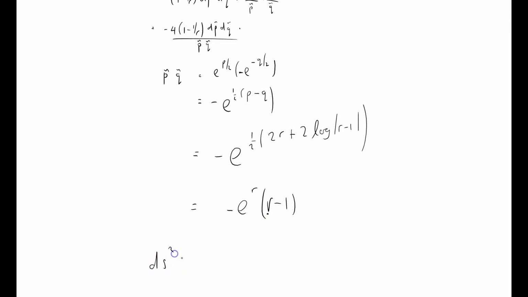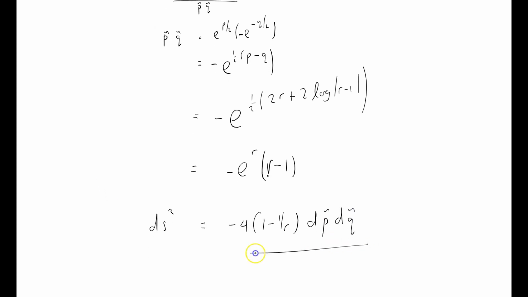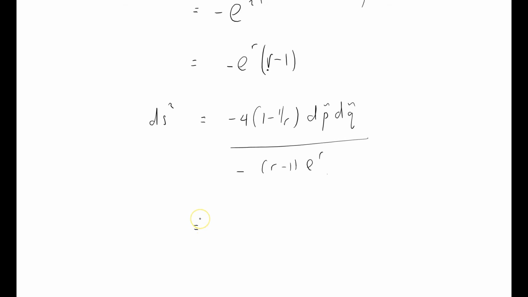I've got my line element is minus 1 over r dp twiddle dq twiddle over p tilde q tilde, which is minus r minus 1 e to the r, and various things will cancel here. Minus 4 over r e to the r dp twiddle dq twiddle, which is rather nice.